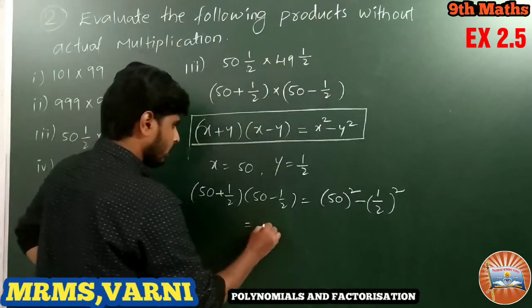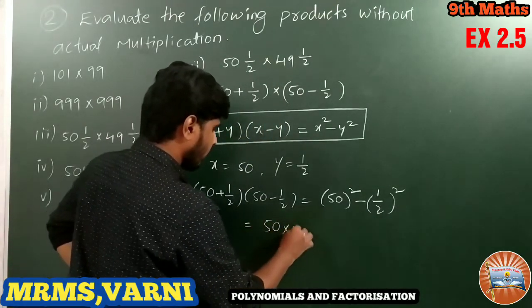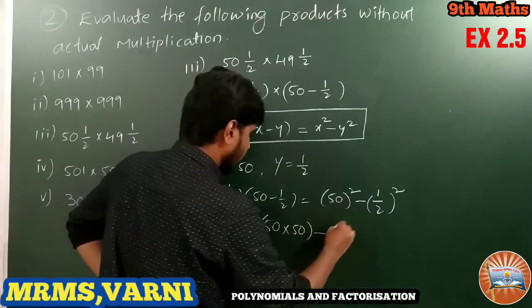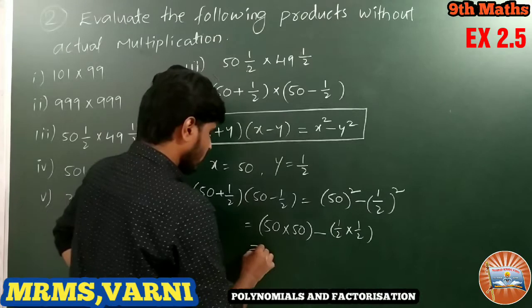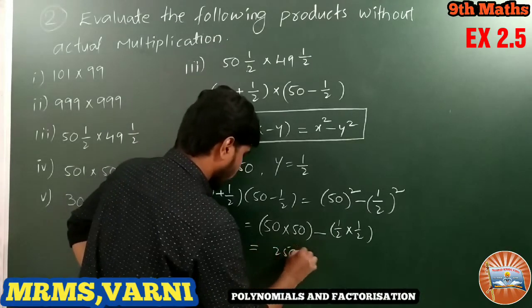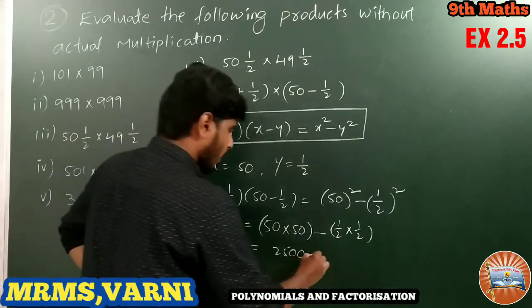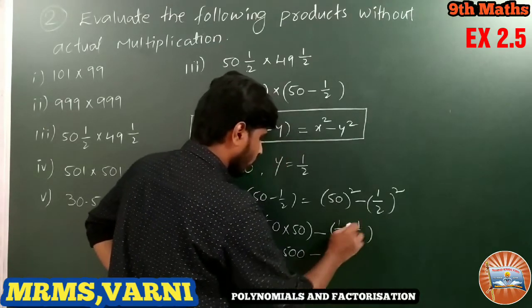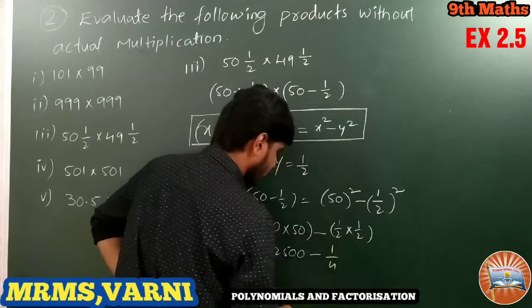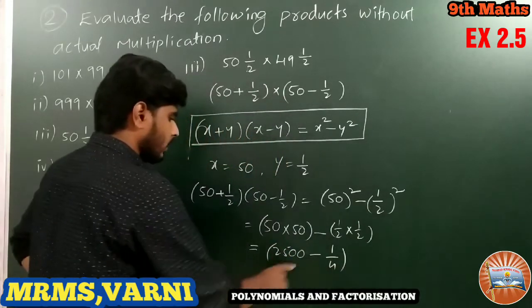It is nothing but 50 into 50 minus 1 by 2 into 1 by 2. 5 5s are 25, nothing but 2500, minus, it is 1 by 2 into 1 by 2, 1 into 1 is 1, 2 into 2 is 4. So it is 2500 minus 1 by 4.